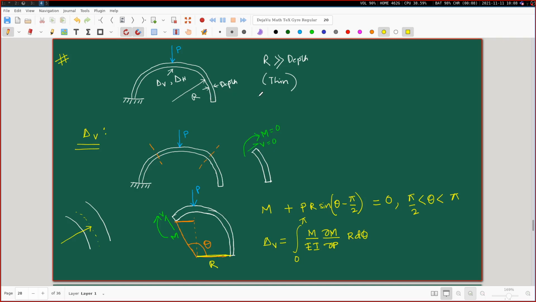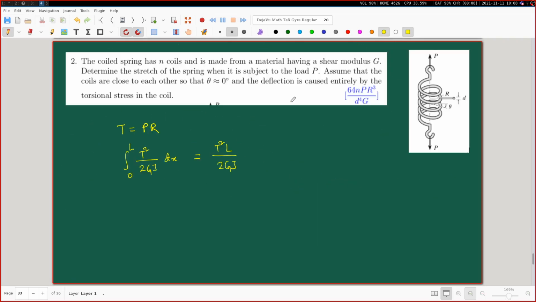In our particular case here, the depth is given by this diameter d, and this capital R is evidently much larger than d. These are the kinds of simplifying engineering assumptions which we are allowed to take, and if we do that, we can directly apply this.